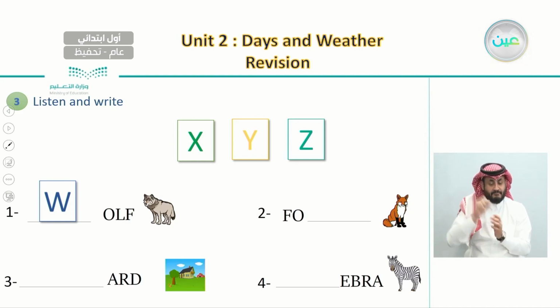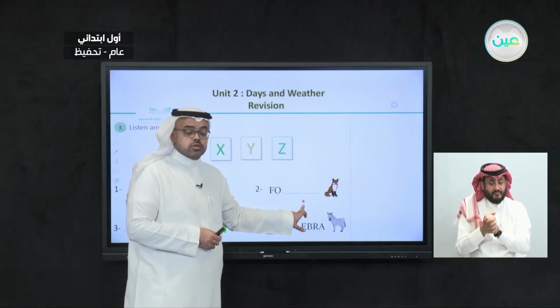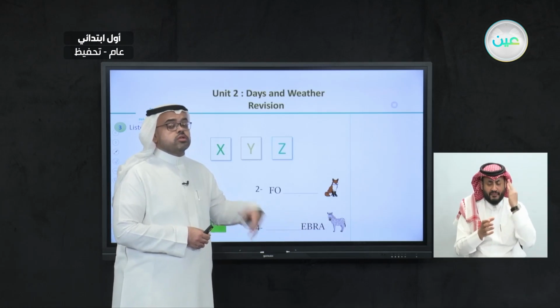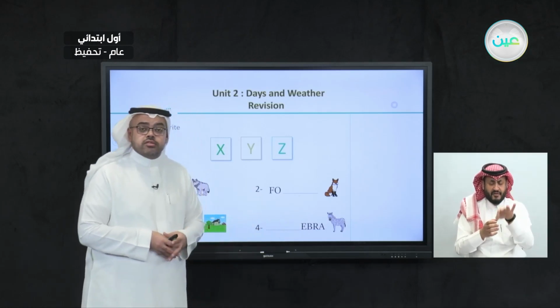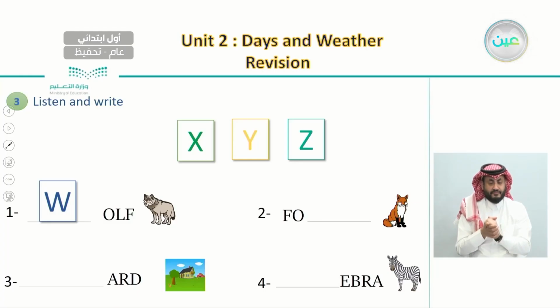Now let's listen for the second word. So here we have the second word, missing not the first letter but the last letter of this word. Now let's listen to this word and decide what is the letter that we should write here. So number 2, the word is fox.